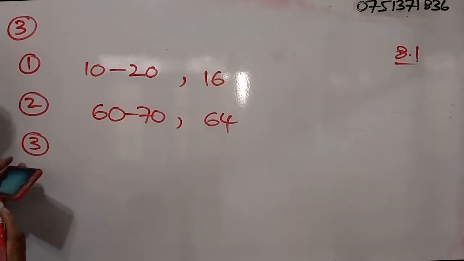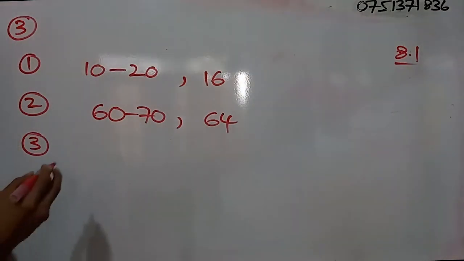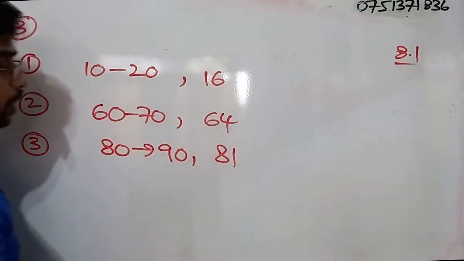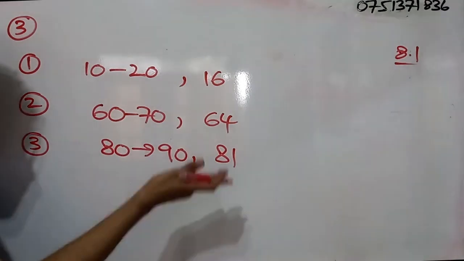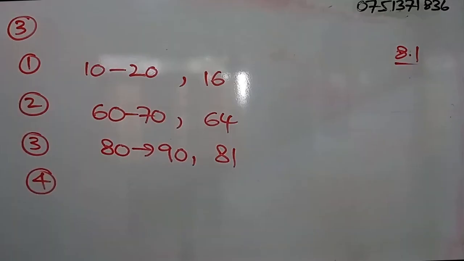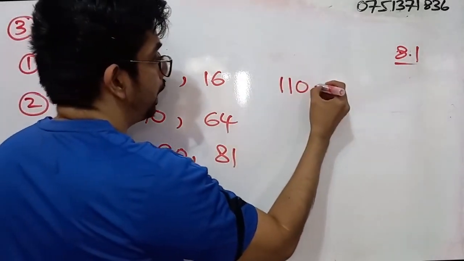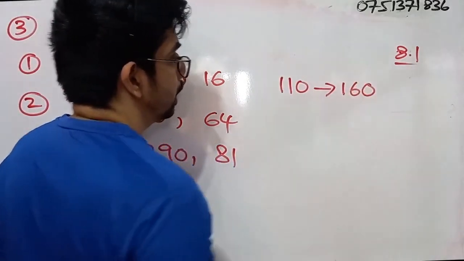Part 3. Write down the perfect square between 80 and 90 and the reason for it. Right. So if we take 80 and 90, the perfect square is what? 81. Right? The same reason. Part 4, what do we have? How many perfect squares are there between 110 and 160? So if we take the range 110 and 160, right?